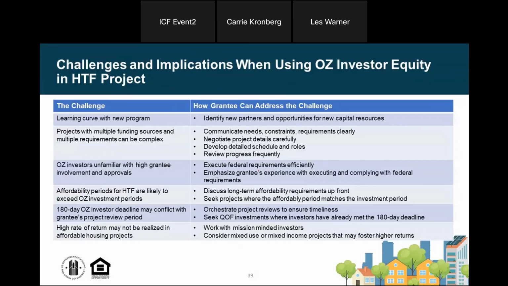So the first challenge may be the learning curve for all parties on the opportunities and challenges that the combination of resources may offer. We've talked a lot about educating ourselves, educating investors, and that's part of the key here, right? We have new programs, new ways that they combine, and we need to all understand as well as we can, each of the programs.